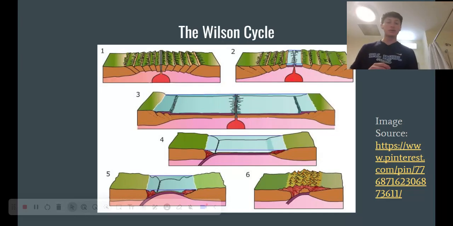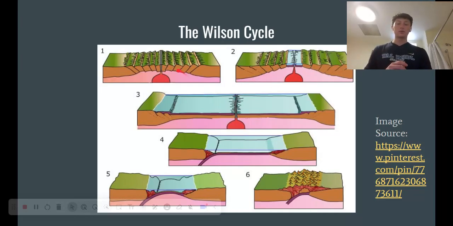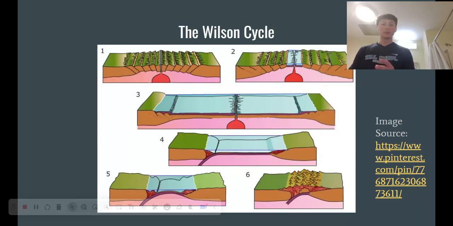Stage two is a little bit after the original continental rifting, where you find this first little body of water. This is known as a juvenile ocean. A perfect real world example of this is the Red Sea between Egypt and Saudi Arabia. So the Red Sea is a juvenile ocean.